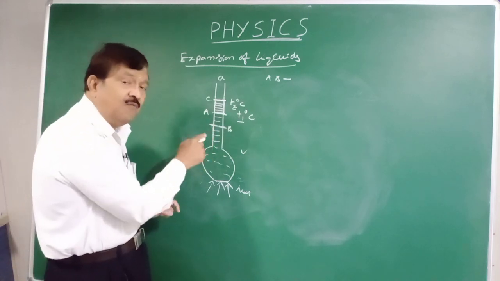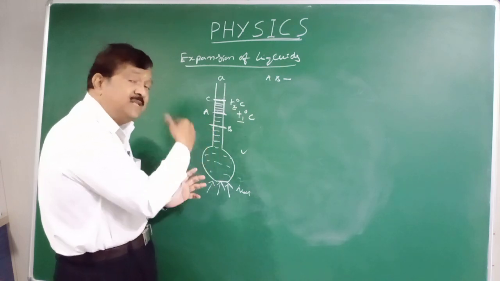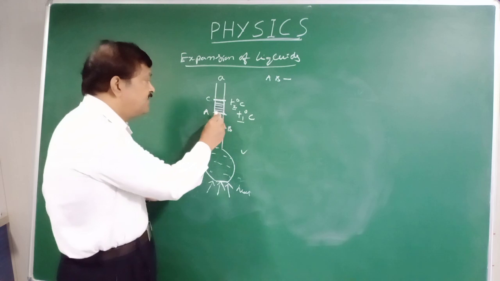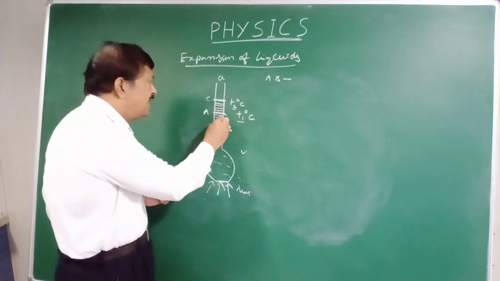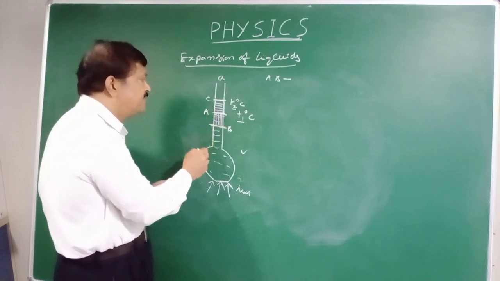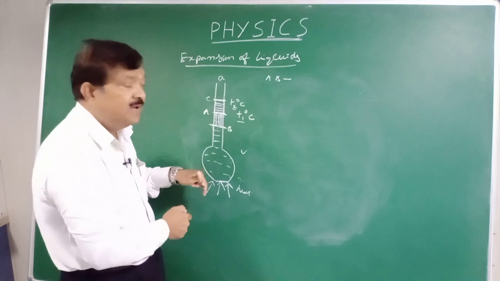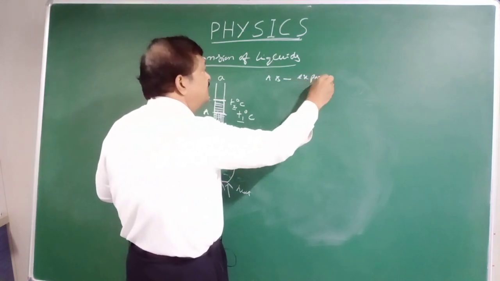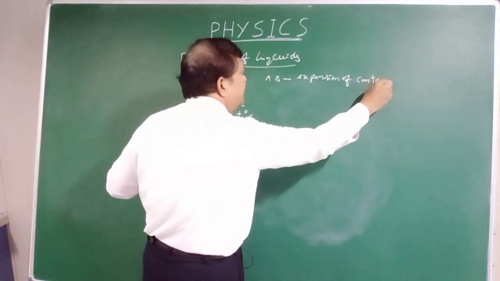Whatever change in the volume of the container takes place, the same amount of change appears to take place in the liquid, so the change in the volume of the liquid from A to B indicates the change in the volume of the container. So AB corresponds to the expansion of the container.